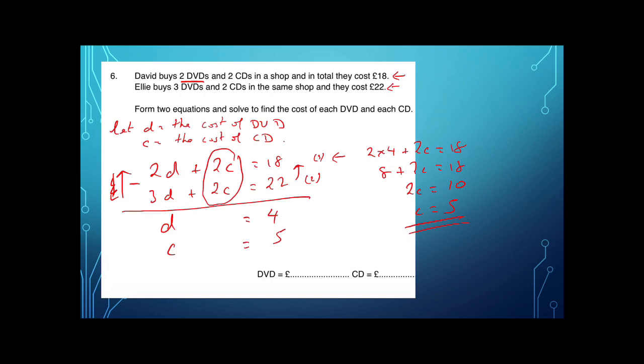So a DVD is £4 and a CD is £5. Does that make sense with this equation here? 3 DVDs will be £12, and 2 CDs would be £10. Does that equal 22? Yes, it does.